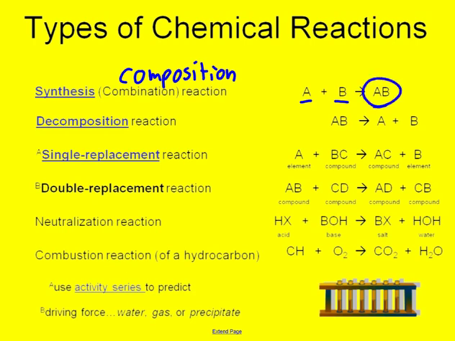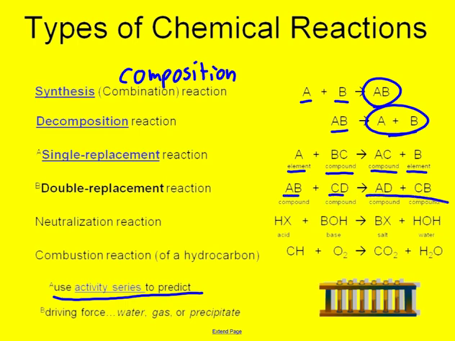Decomposition, the exact opposite. Single displacement, also known as replacement, make sure you check the activity series. Element reacts with a compound, and if possible, the element replaces the corresponding part of the compound that it matches. Double displacement, compound reacts with compound, everybody trades partners, no need to check the activity series.